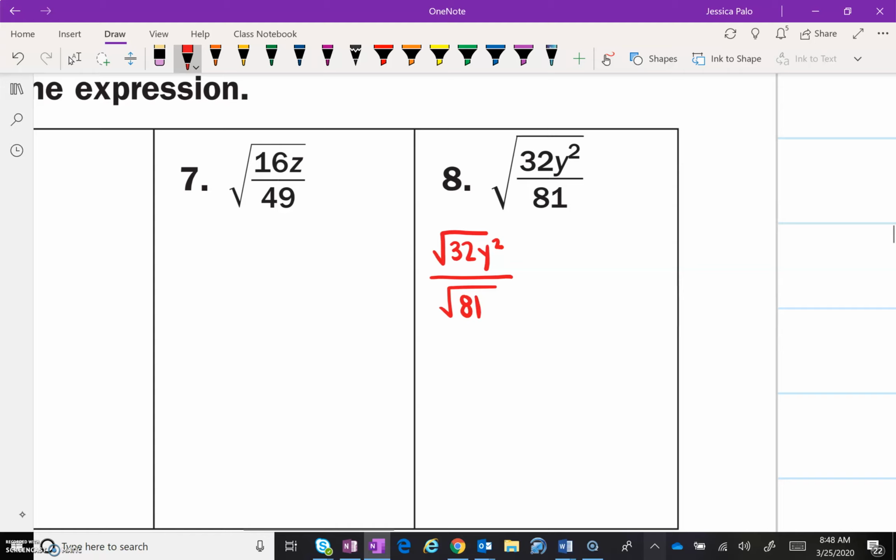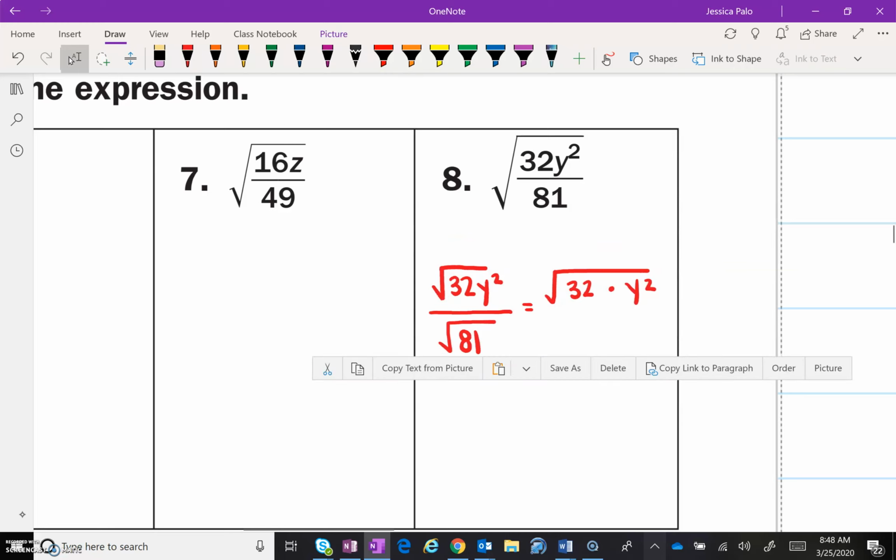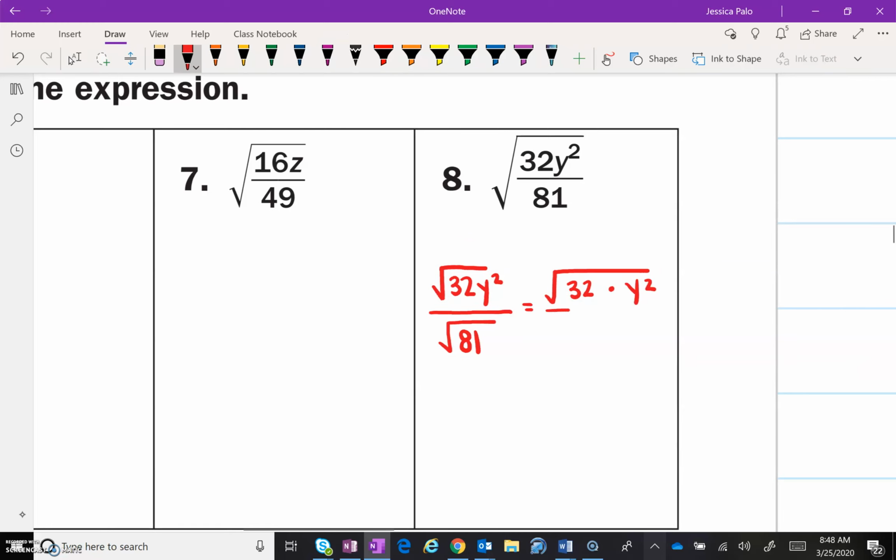Now, since this one has a variable with an exponent attached to it, I'm going to separate it even further to give me radical 32 times radical y squared, over radical 81. Now we can do some prime factorization, and we can do some lazy prime factorization. My lazy prime factorization is just going to go straight up.